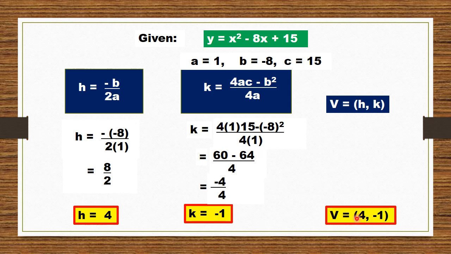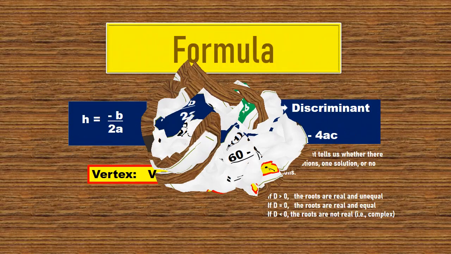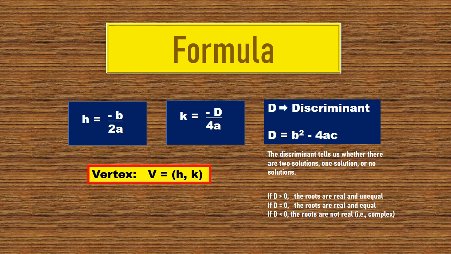So this is the h and this is the k. Formula: h equals negative b over 2a. K equals negative d over 4a. So what is d? D is the discriminant. The formula of d equals b squared minus 4ac.